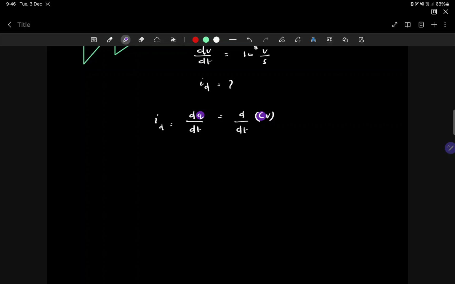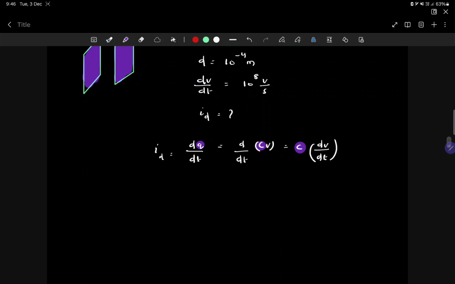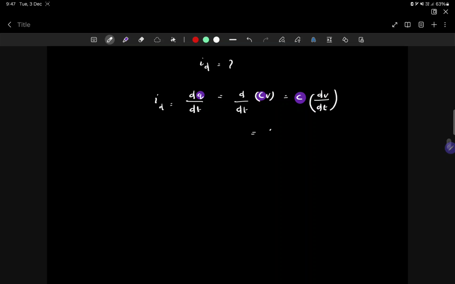Capacitance is a constant quantity, so take it outside: C into dV by dt. And this is the capacitance of the parallel plate capacitor given in this question. Capacitance of a parallel plate capacitor having plate area A and separation D is A epsilon naught by D. So A epsilon naught by D into dV by dt.